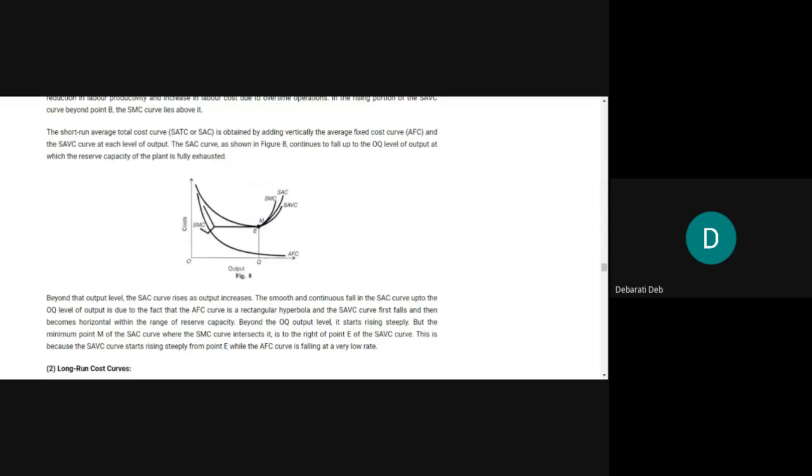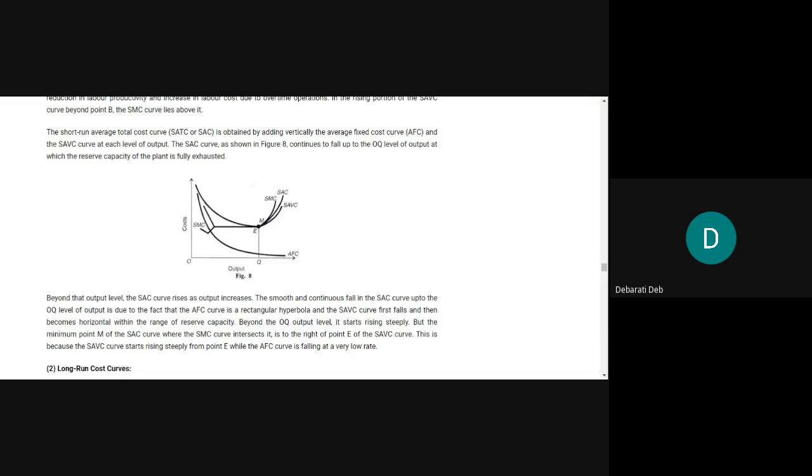So when we draw this average cost curve, the average fixed cost curve, which is a rectangular hyperbola, and the average variable cost curve will be added vertically. The average variable cost curve is the one which you can see on your screen.